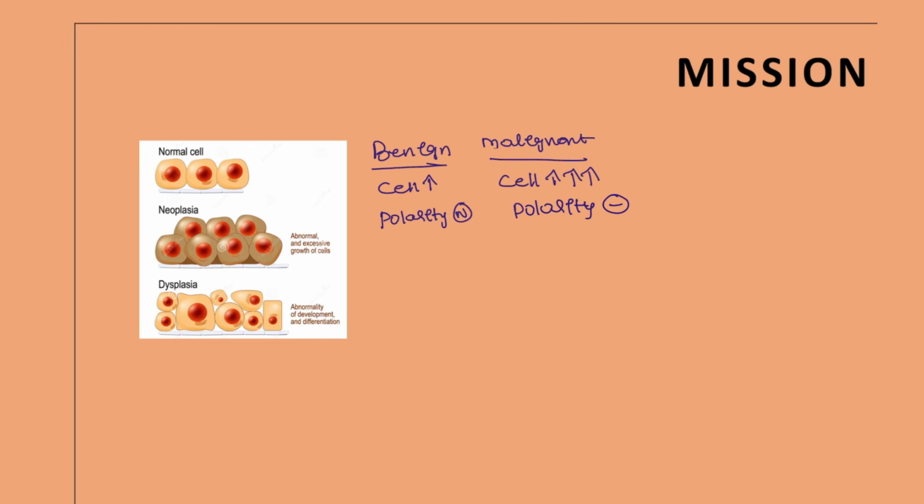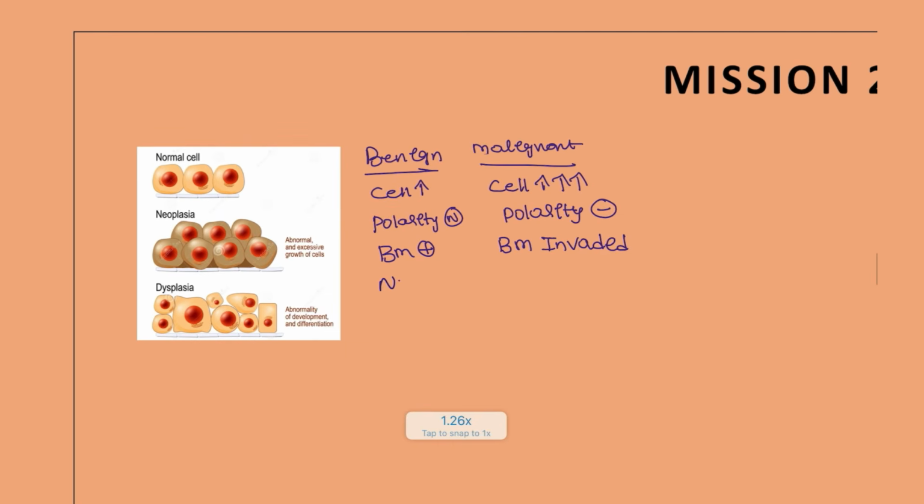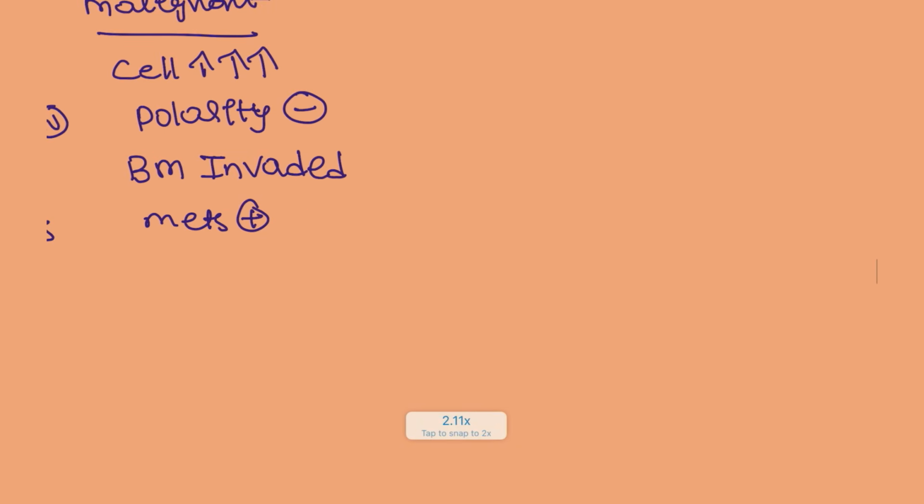The basement membrane is intact here, and there the basement membrane is invaded. Okay, the basement membrane is invaded, and no mets are seen here, but there the mets are seen. So that means the hallmark of malignancy, the hallmark is metastasis.